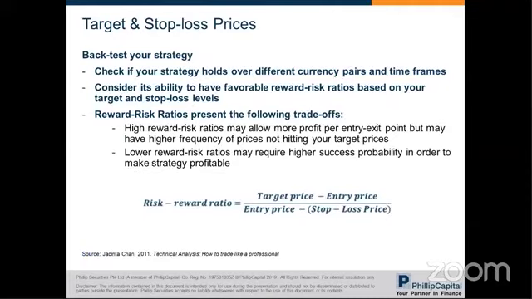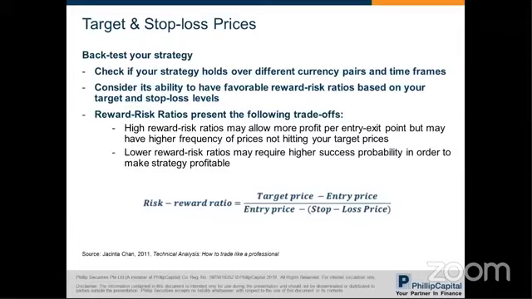After you consider the trading indicators, you may want to think about your entry price, and then your exit price, basically setting your target price and stop loss. When you decide on your own entry, target price and stop loss price, do remember to backtest your strategy, to see whether it holds for different currency pairs, because something that works for EUR/USD may not work for, for example, Japanese yen SGD.